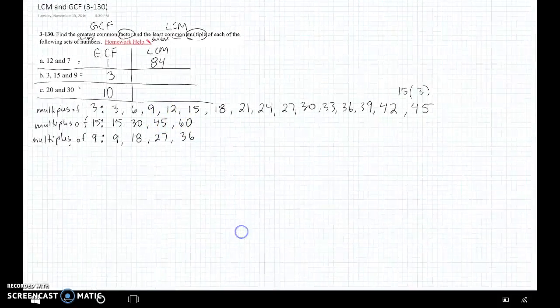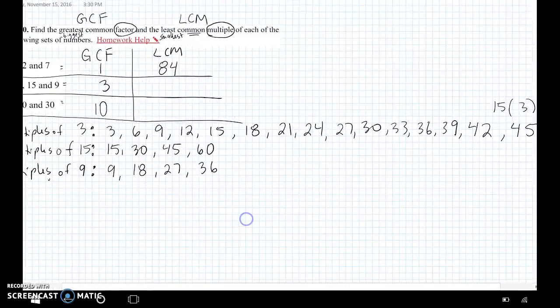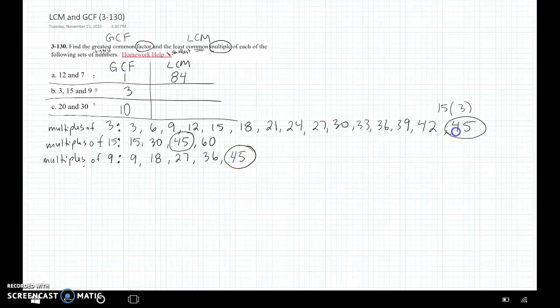And let's see if 9 times something is 45. Turns out it is. That's 5 times 9, which is 45. So there you go. That's the common multiple of 3, 15, and 9. That's the first one they share.